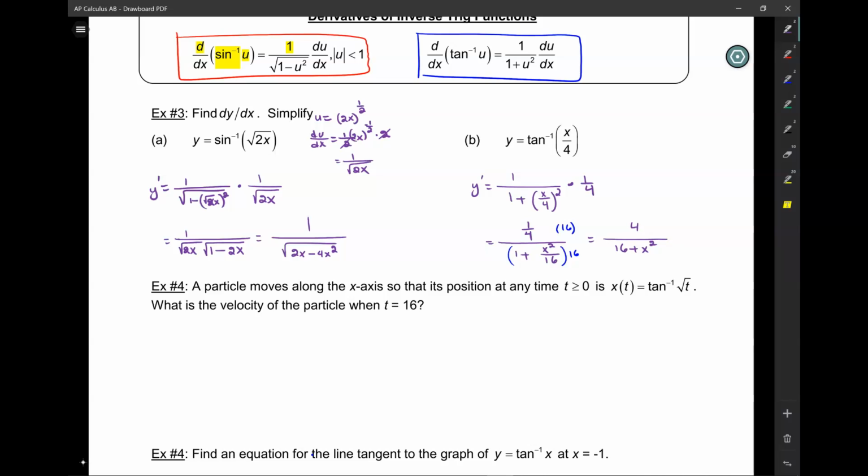Yeah, that's what I get. Okay. Distribute the 4. 1 over 4 plus x squared over 4. Okay, but now I'm not going to multiply by 16 anymore. Now the denominator is 4. Yeah. So I'm going to multiply this by 4 and this by 4. So I get 4 over 16 plus x squared.